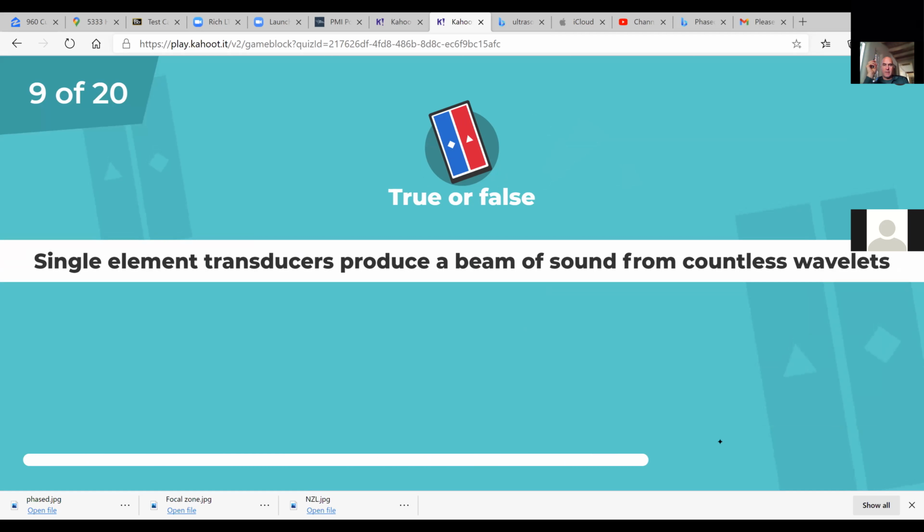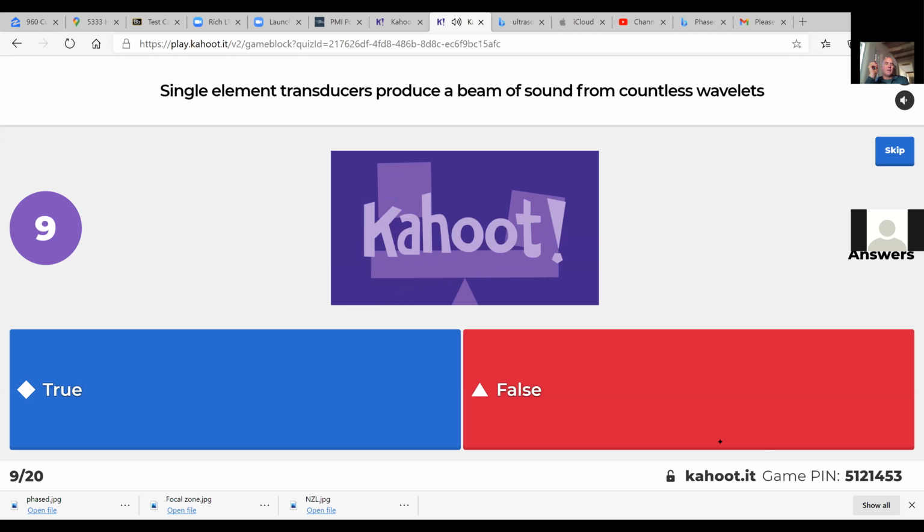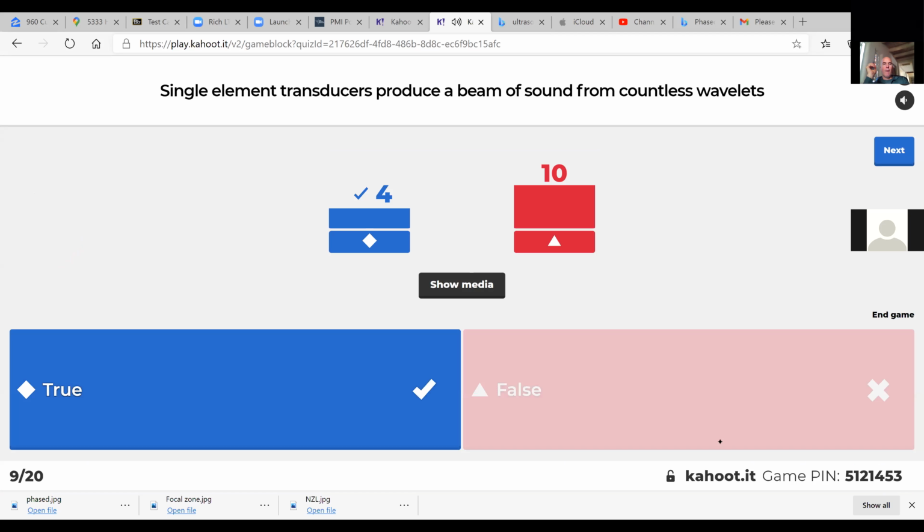Single element transducers produce a beam of sound from countless wavelets. All right, we'll review Huygens real soon. That's the crazy thing, that a single element transducer is not a tiny little element.